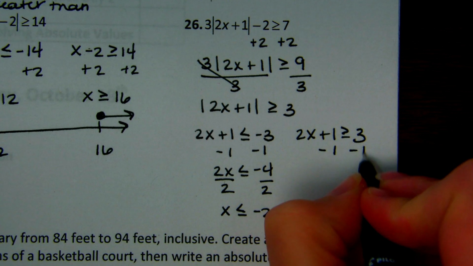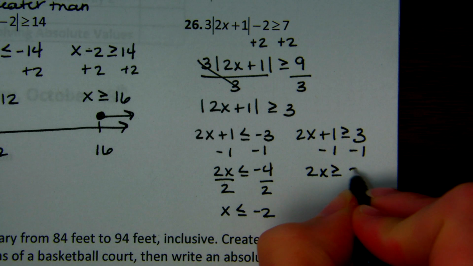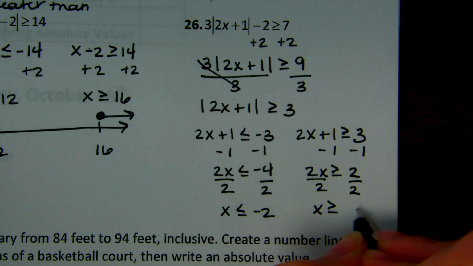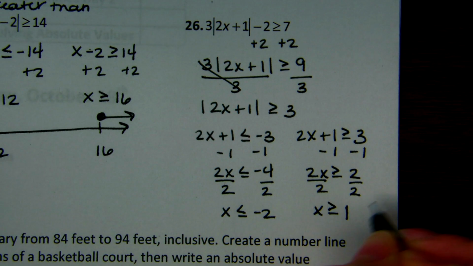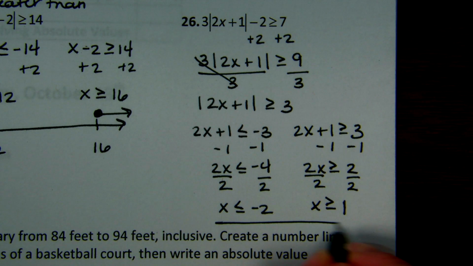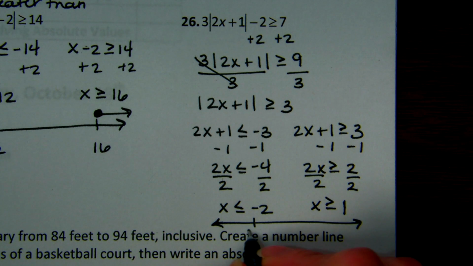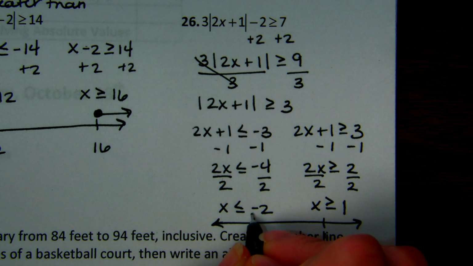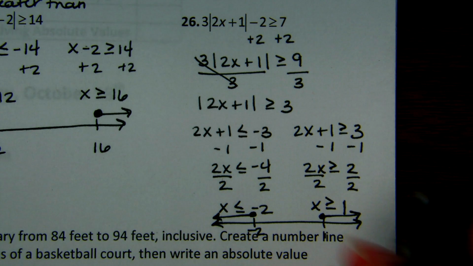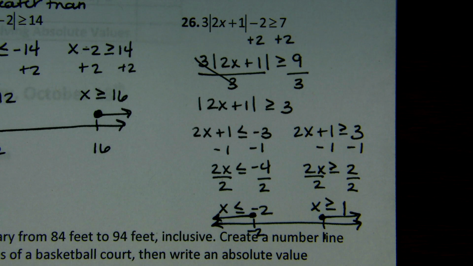Subtract 1. 2x is greater than or equal to 2, divide by 2, x is greater than or equal to 1. On a number line, here's -2 and 1. Again, closed circles just because it's a greater than or equal to. Like that.